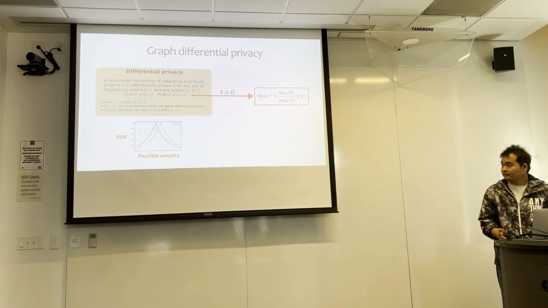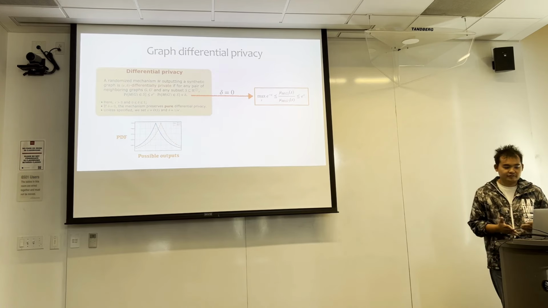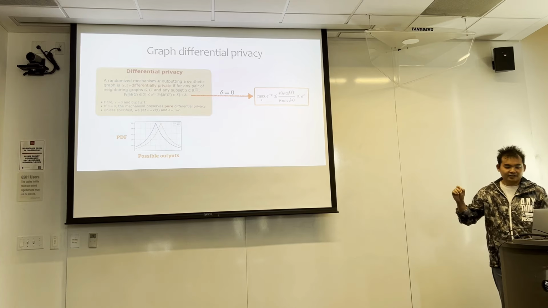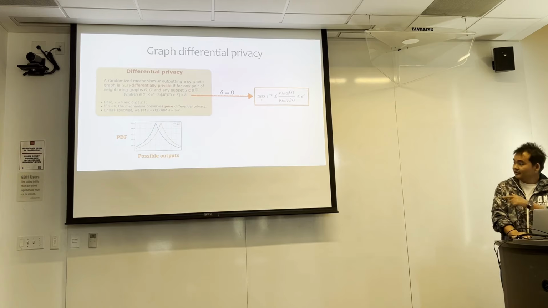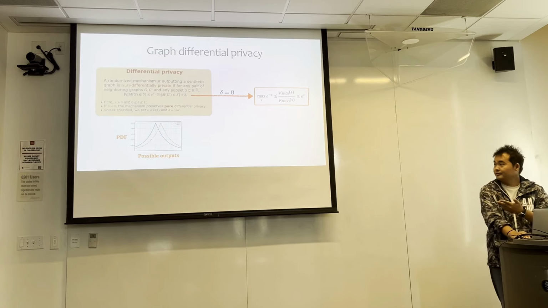In particular, if delta is 0, we say such a mechanism preserves pure differential privacy. It means that the infinity norm of the multiplicative difference of the two distributions is bounded by something related to epsilon. And here S is any element in the support of the output distribution.